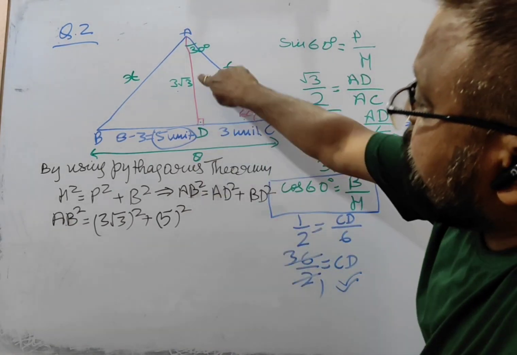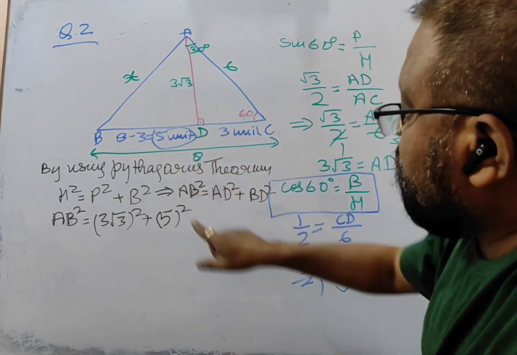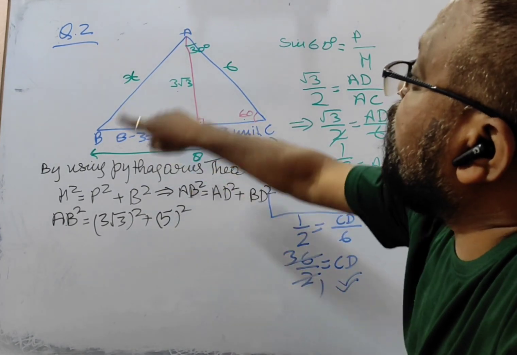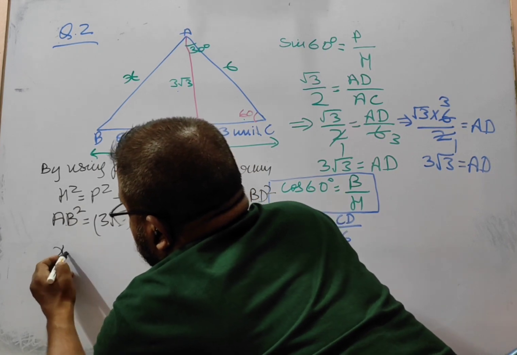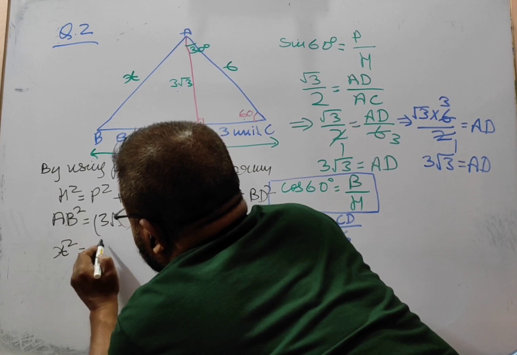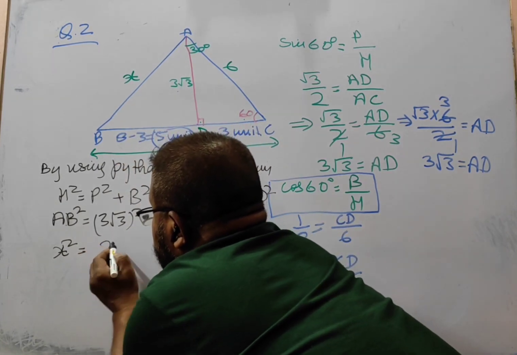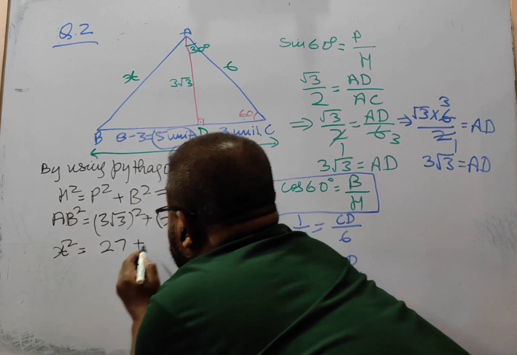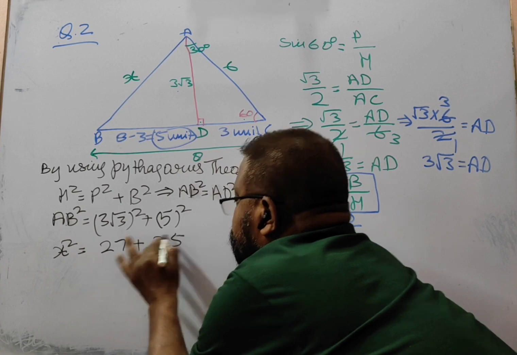So AD is 3 root 3 whole square, BD is 5, so 5 square, AB is x. So x square is equal to, this is 9 into 3, becomes 27, plus 5 square, 25, right?